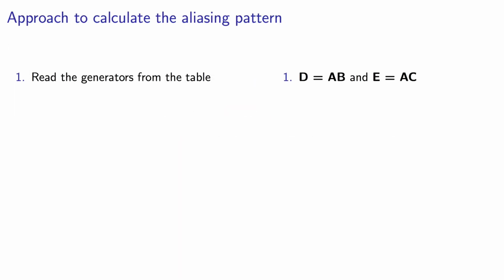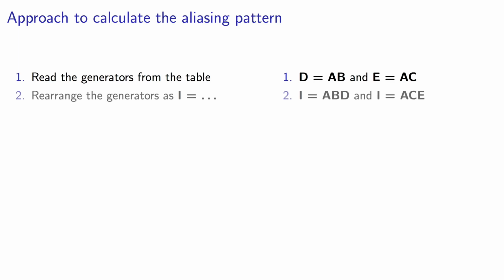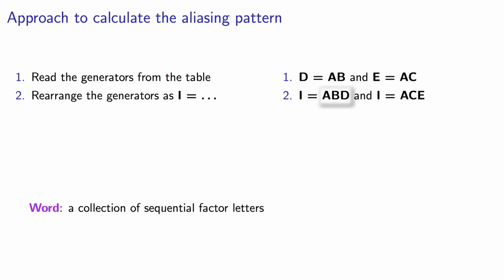So to summarize our progress, we have 2 of these generators, I equals ABD and I equals ACE, and we learned a rule how to read them from the table. I quickly want to introduce another term. Any collection of sequential letters is called a word. ABD is a word, ACE is a word, even I is a word.